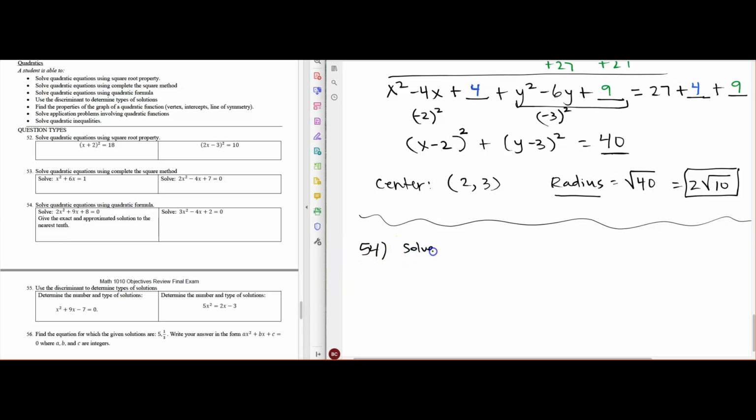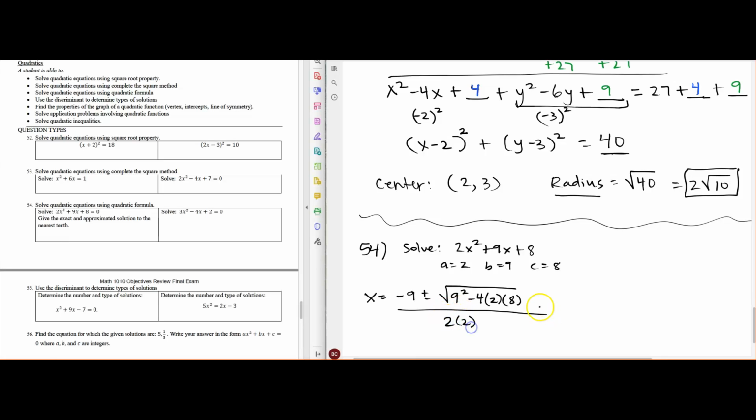If you're asked to solve this, 2x squared plus 9x plus 8, I'm just going to use the quadratic formula, so a is 2, b is 9, and c is 8. Put that into the quadratic formula: x equals negative b, so -9 plus or minus the square root of 9 squared minus 4 times 2 times 8, all over 2 times 2.